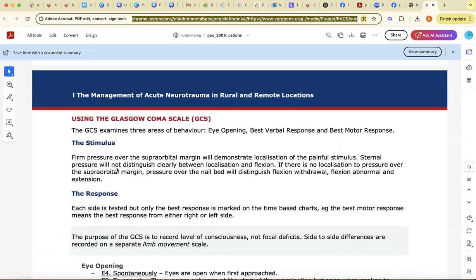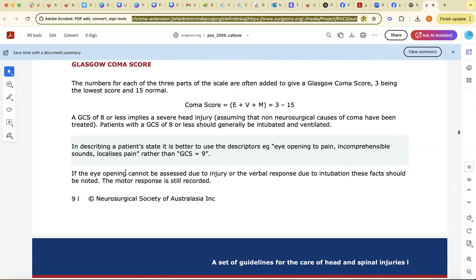Now, when we are doing a neurological exam in a patient who is unconscious or having a motor vehicle accident, we use the Glasgow Coma Scale, which is the GCS. Normal GCS is 15, right? Now, any patient whose GCS is less than 9, we're very concerned about that patient because they have a chance that their airway, breathing, circulation will be impaired.